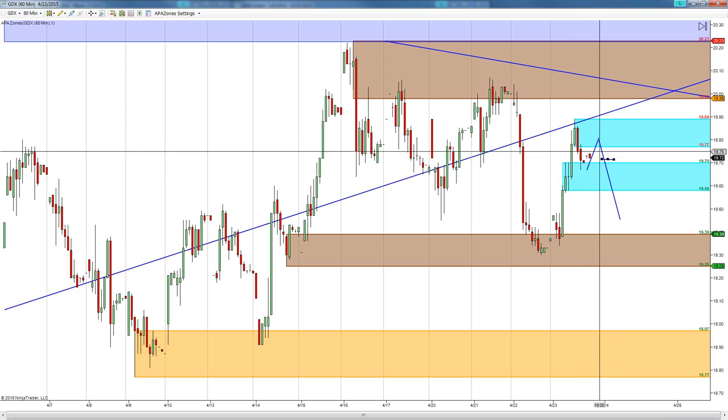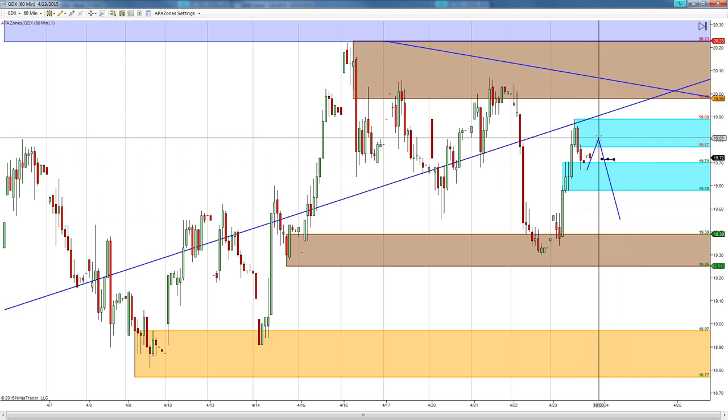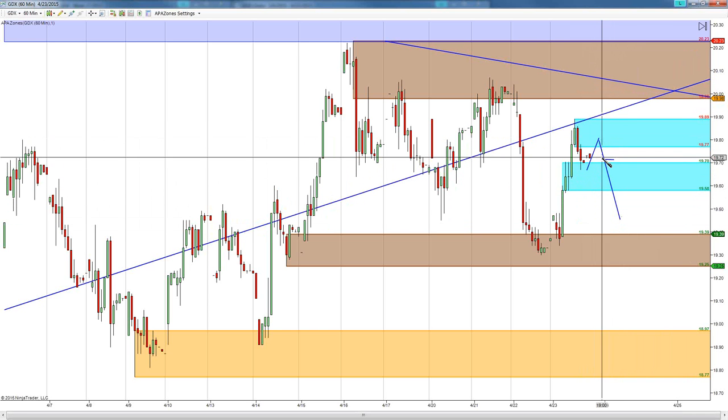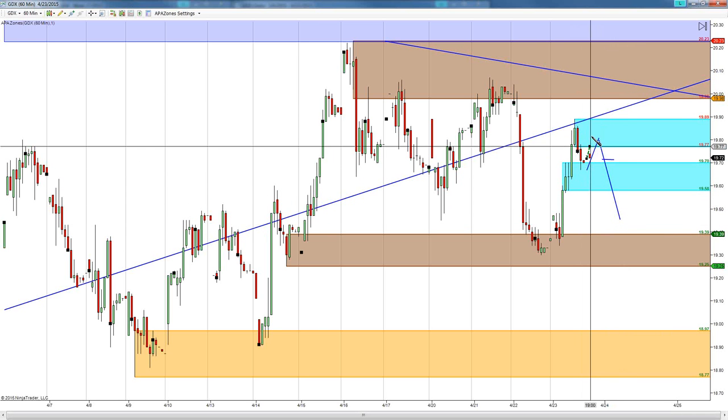All right, so we could take it as it pops back up in here again and goes back down. So let's just say that that's what we're looking for to measure.